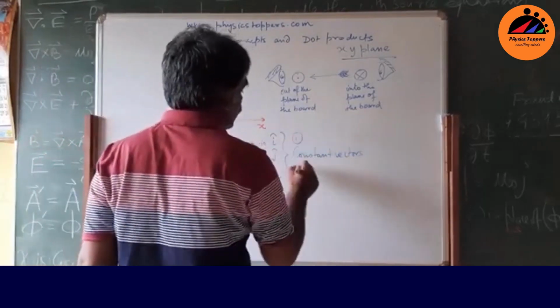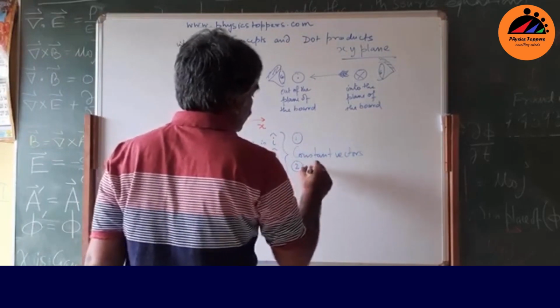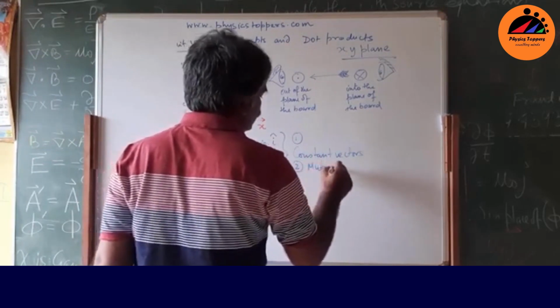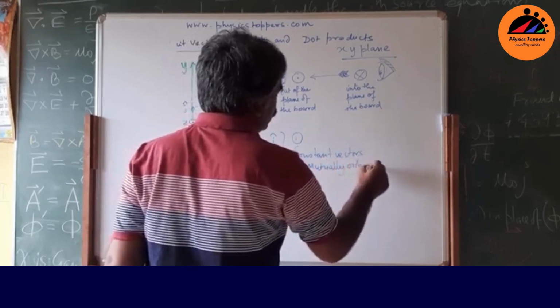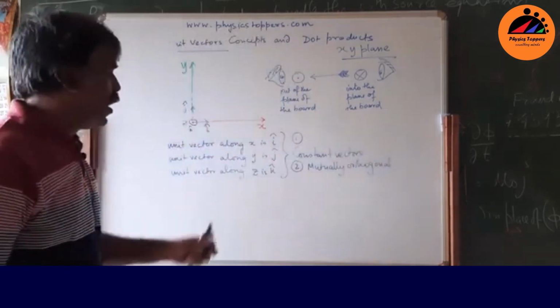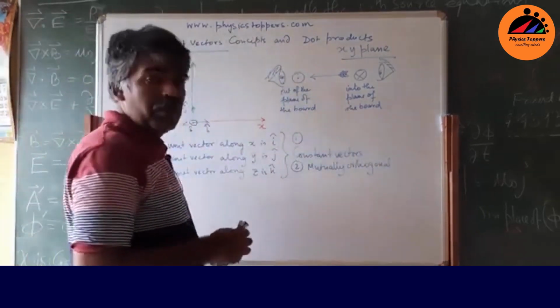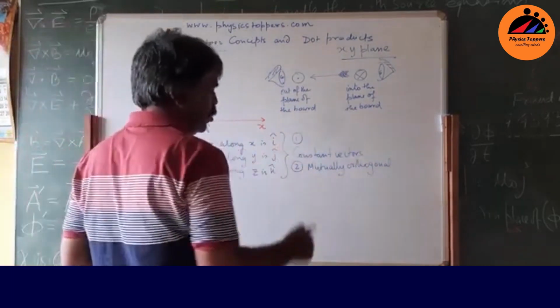Point number 2 is they are mutually orthogonal. I'll make a next video on dot products, but I have to mention a few things about dot products, so let me mention that. So they are constant vectors, and they are mutually orthogonal.